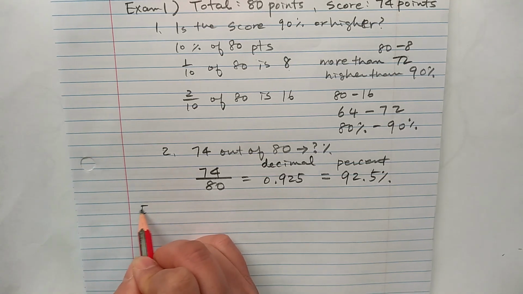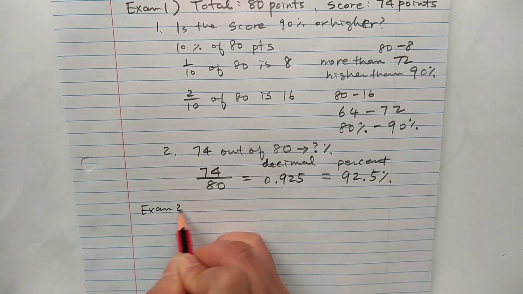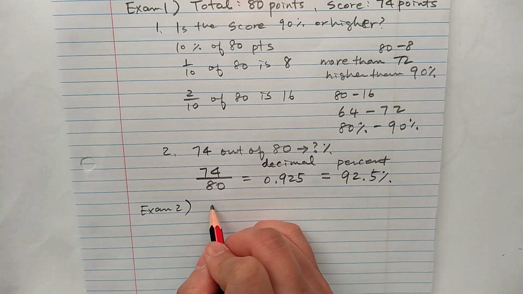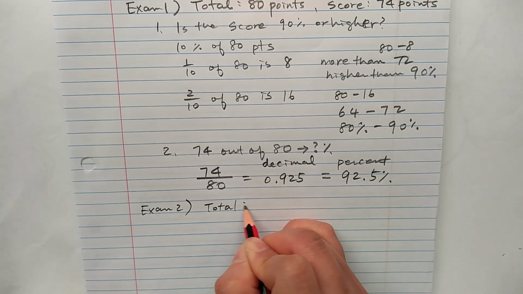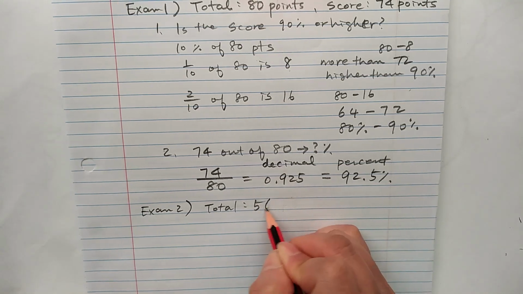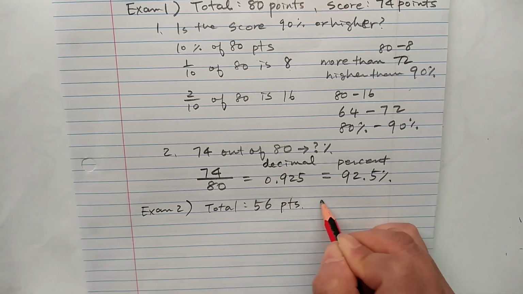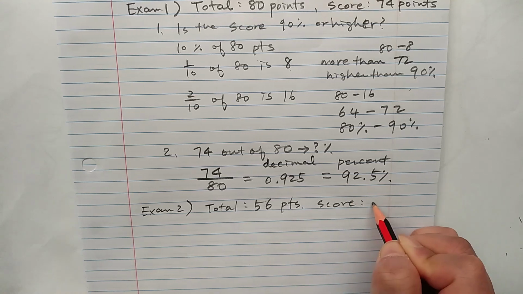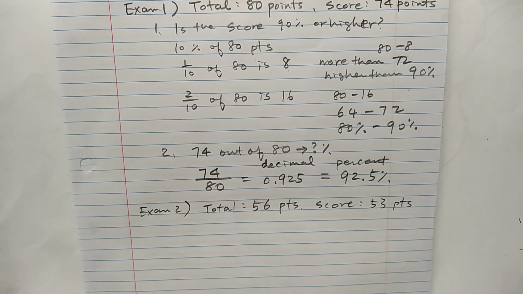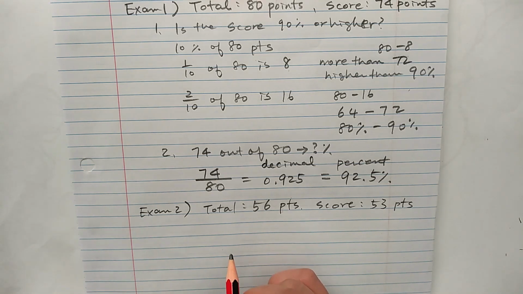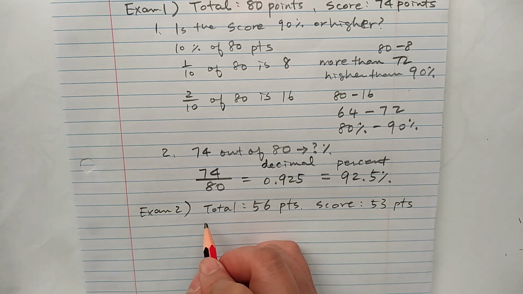Let's say you took another exam, exam 2, and the total of this exam was 56 points, and you got 53 points out of 56. And let's check the percentage.